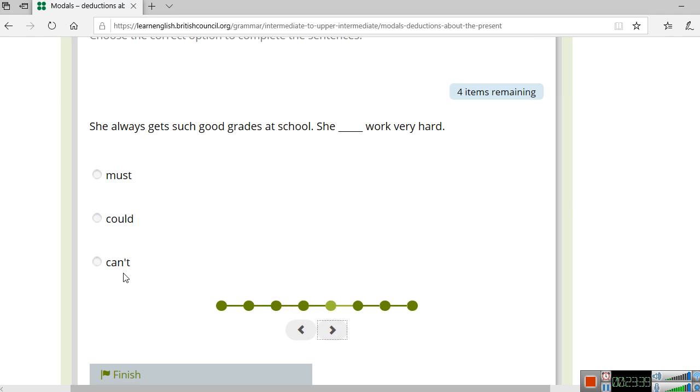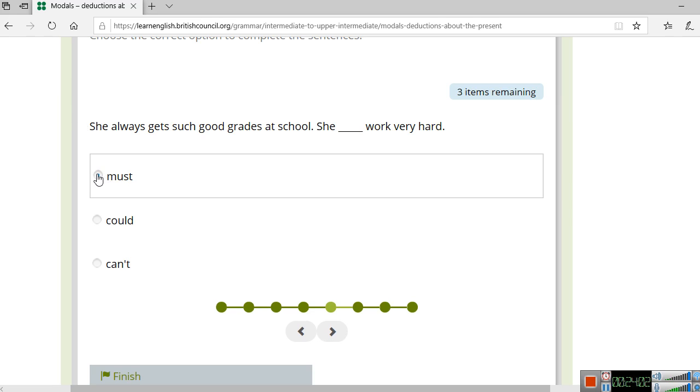Now, Zoriana. She always gets such good grades at school. She blank worked very hard. Okay, she always gets such good grades at school. She must work very hard. She must. Okay, very well. And why do you think is must?